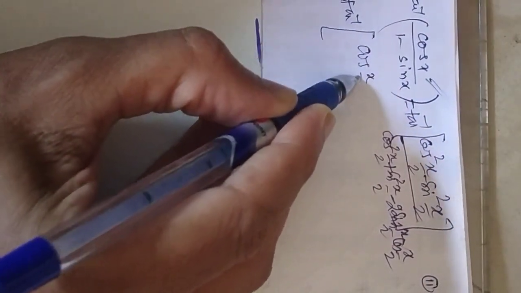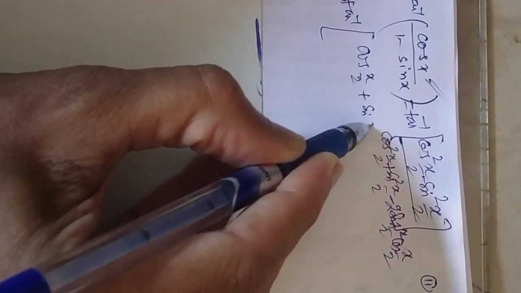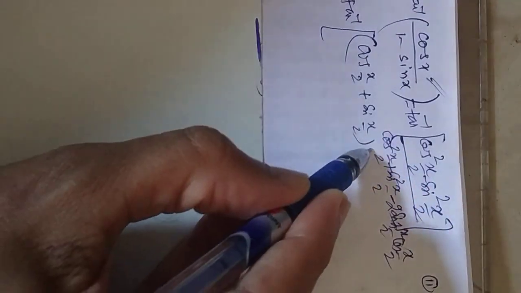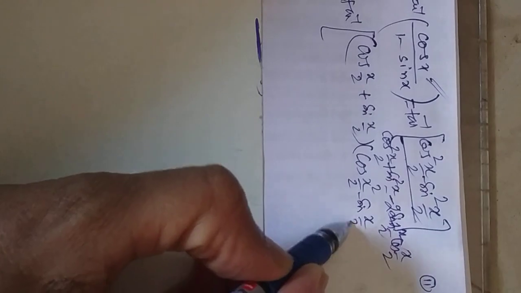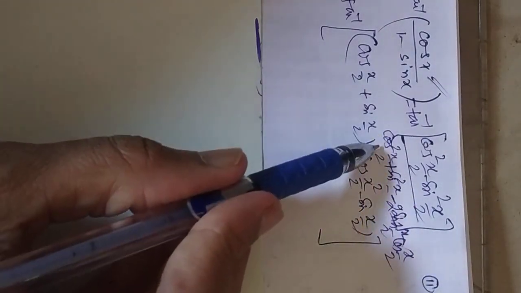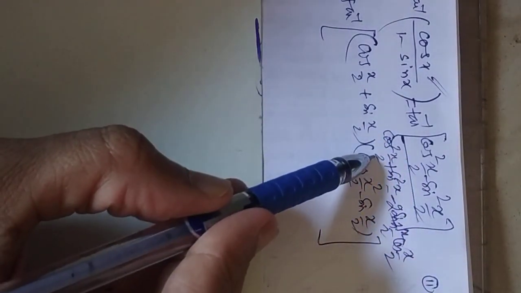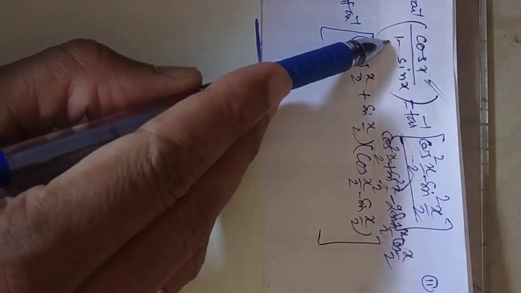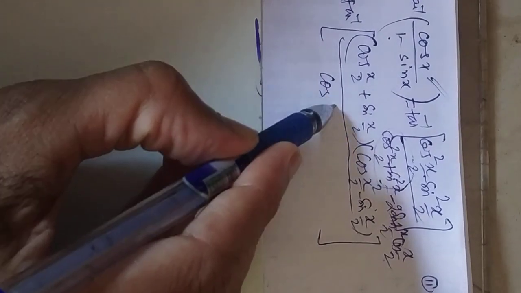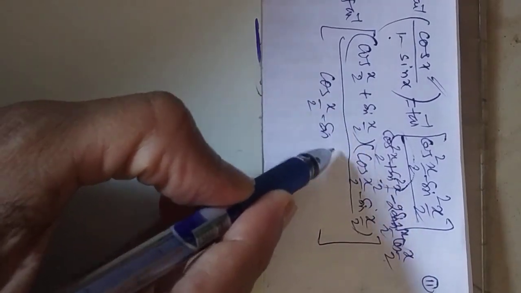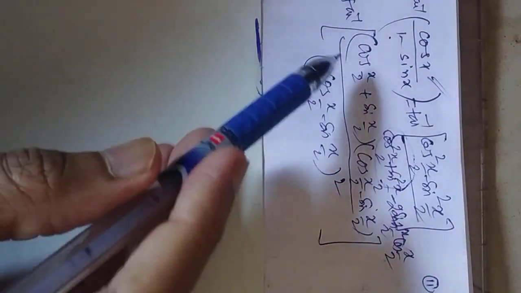Now, one more step. Tan inverse. Numerator can have 2 factors. This is one of the factors. Another factor. Denominator is a complete square. Cos square x by 2 plus sin square x by 2 is coming for 1. Sin x can be written as 2 sin x by 2 cos x by 2. So you will be getting cos x by 2 minus sin x by 2 the whole square. Now one of the factors will get cancelled.